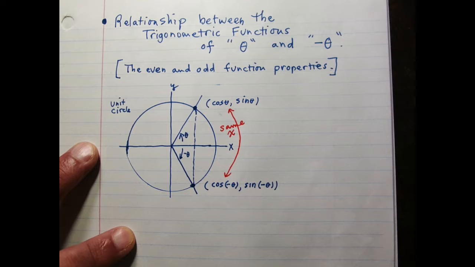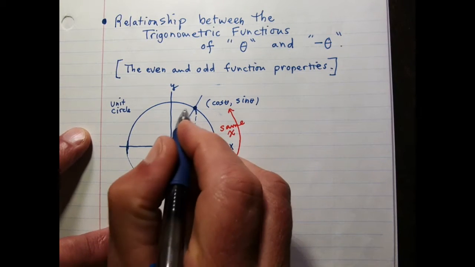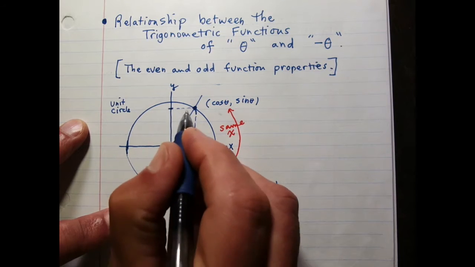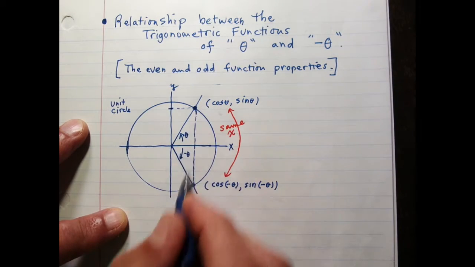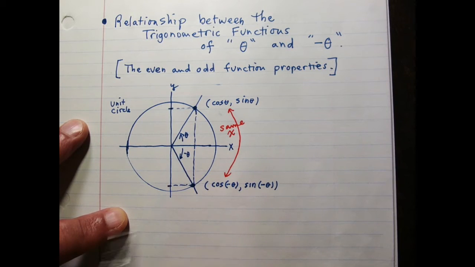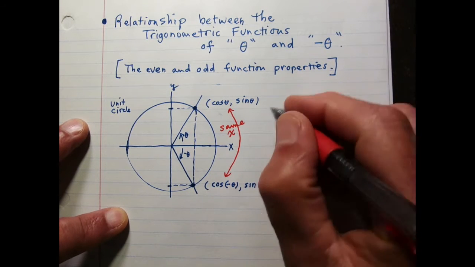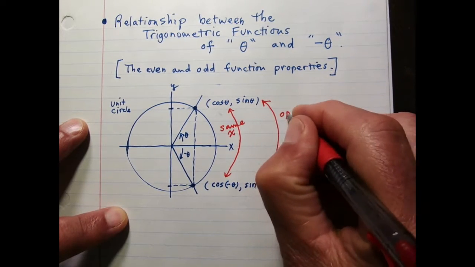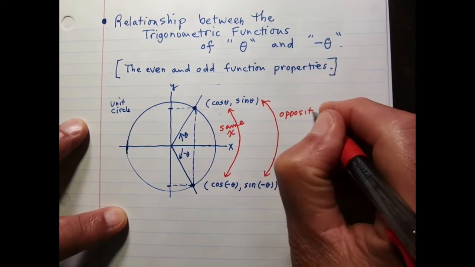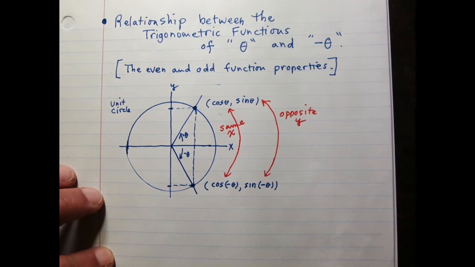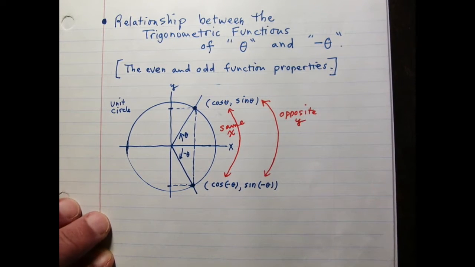And also, due to the symmetry of the circle, maybe this isn't quite so obvious, but I'm sure you can believe it. Here's the y-coordinate of this point, here's the y-coordinate of that point. I think you can believe that those are opposite y-coordinates. Opposite y.